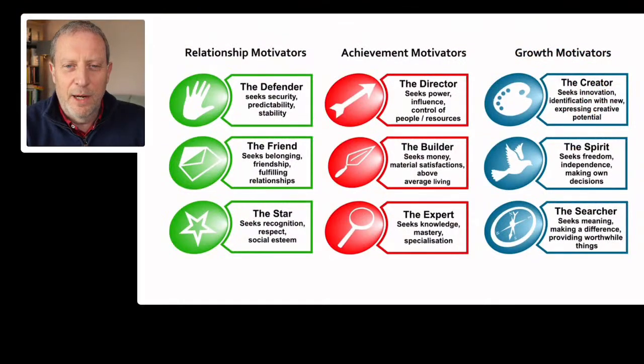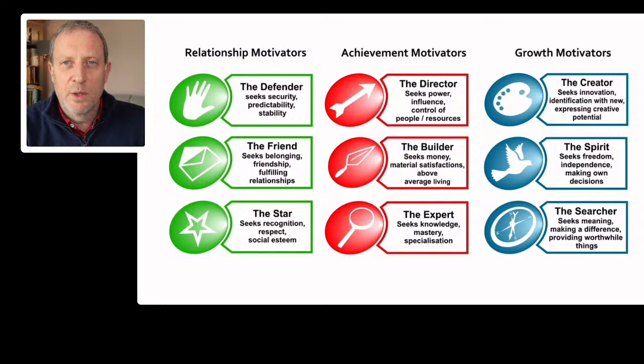I'll just share with you here the framework. So these are the 9 motivations to work according to the Motivational Maps model. We all have these 9 motivators, but the important thing is to identify which ones are most important to us.